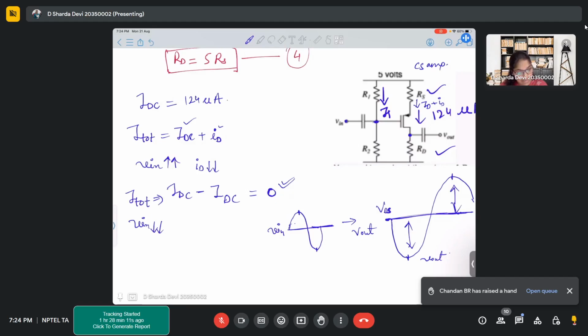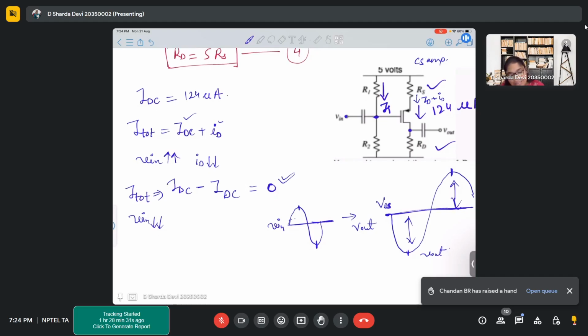And when you reduce your input and have reached your minimum, your output actually peaks and increases to the top, right?